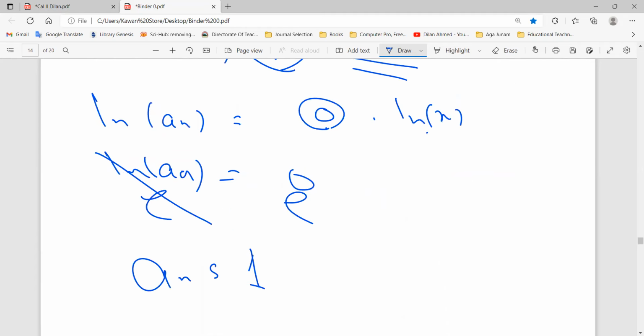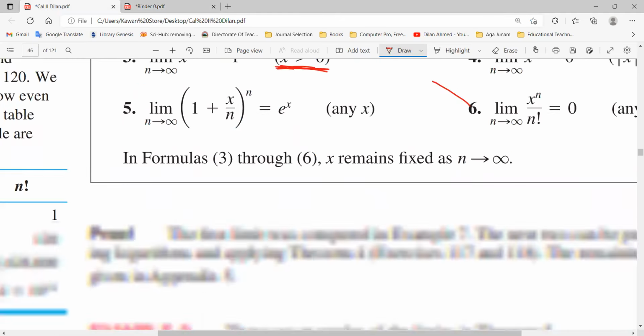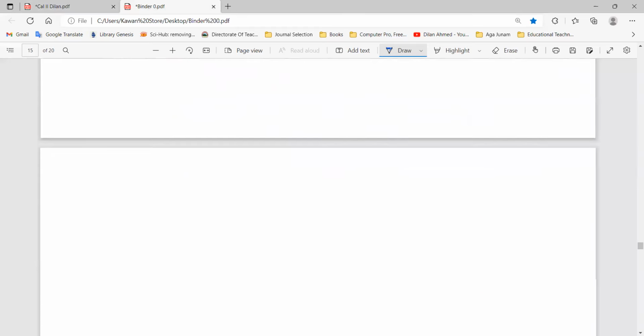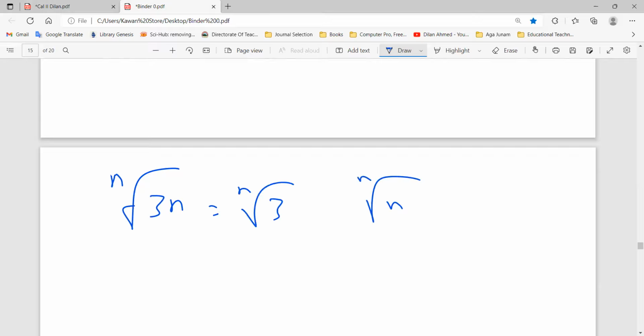Look at the examples. That one, the nth root of 3n. I saw that one before, right? So I'm going to make it like that, because the root can be distributed over multiplication. But for addition, you cannot do anything.